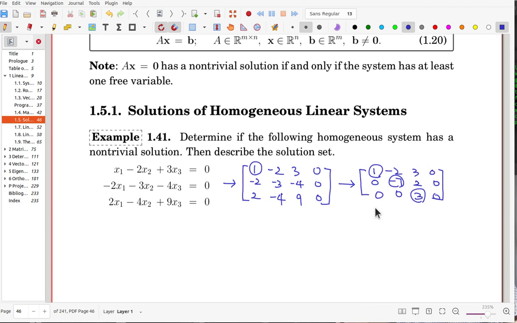Of course, we can now multiply by 1 over 3 to get 1, eliminate these values, scale to be 1, and add twice to eliminate that one, so that the reduced echelon form is 1 0 0 0, 0 1 0 0, and 0 0 1 0. Here the solution is only the trivial solution. So the solution set is just the 0 vector.